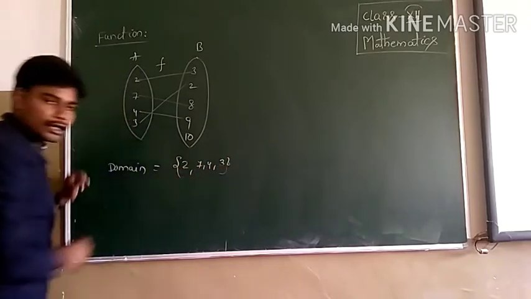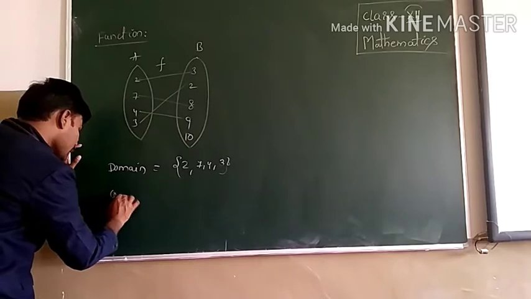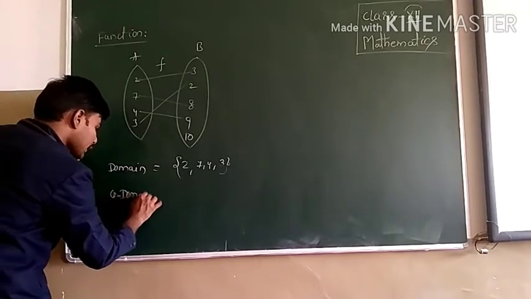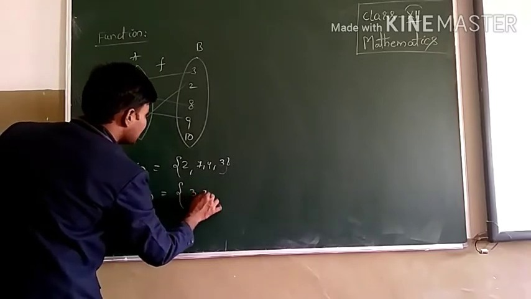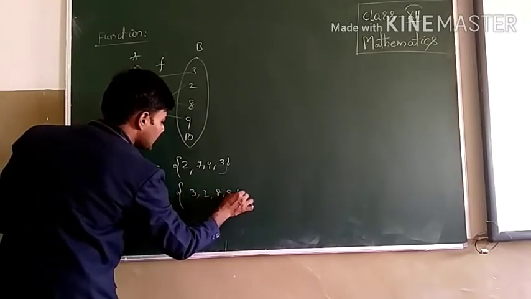This represents the domain of the function, and the codomain is all the elements available in set B: 3, 2, 8, 9 and 10.